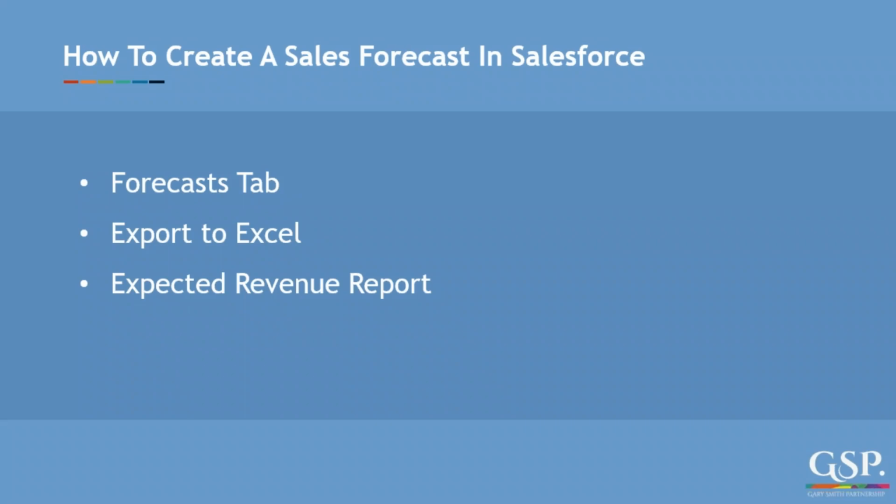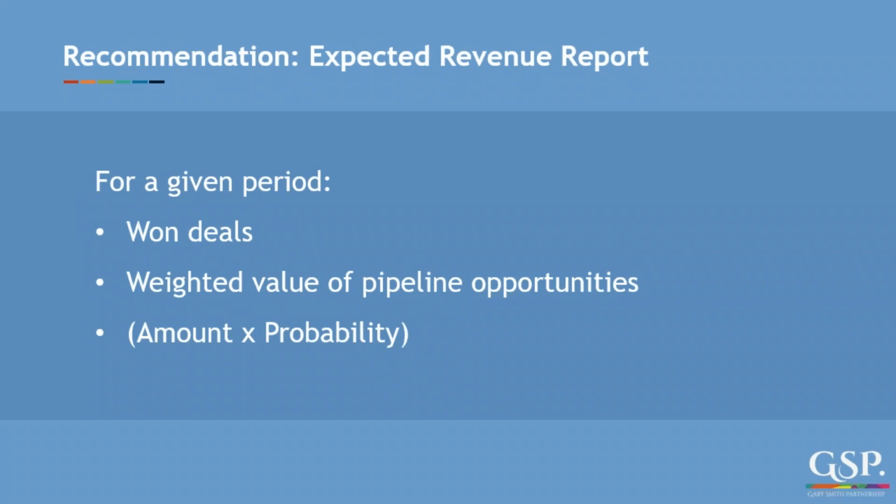And the third way of creating a sales forecast in Salesforce, and the way that I recommend, is to use an expected revenue report. So what is an expected revenue report? Well, quite simply, it's a report that shows for a given period, whether that period is a month or a quarter or perhaps even a year in some businesses, but let's take a month.